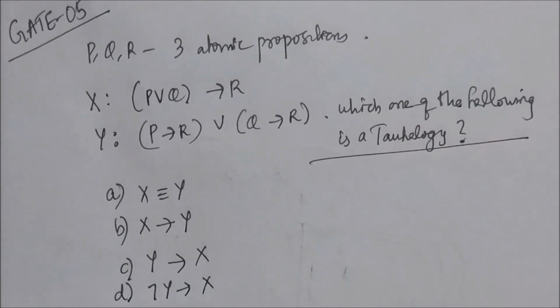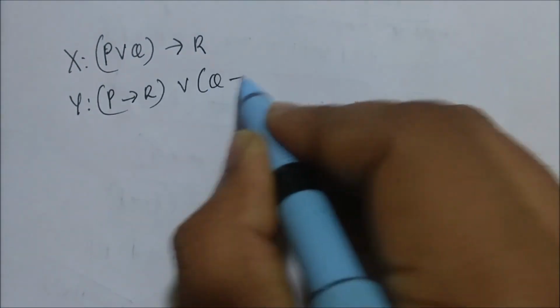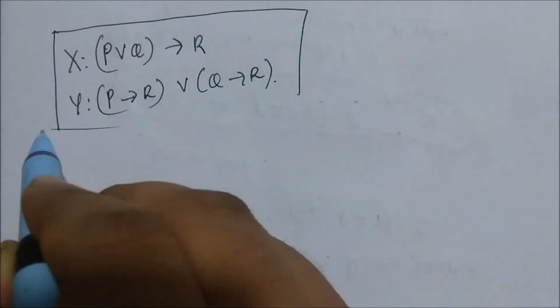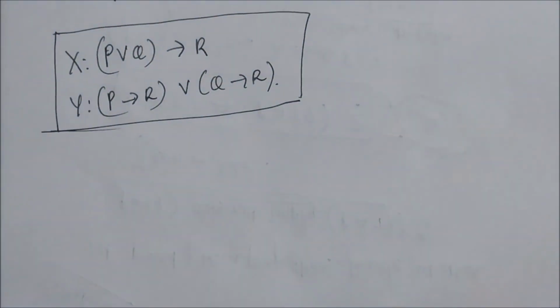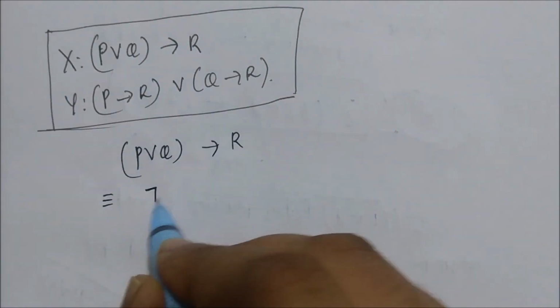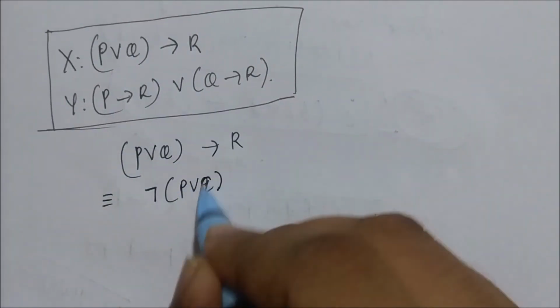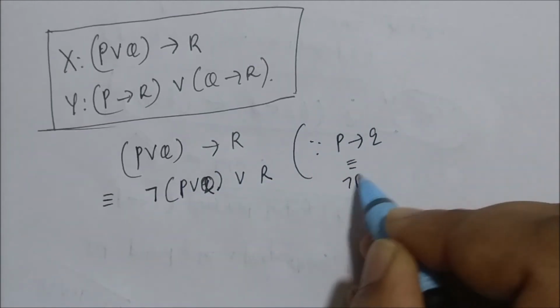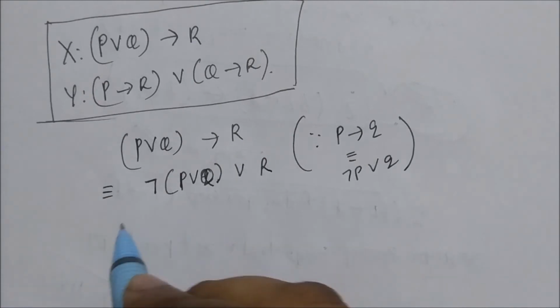Okay. So again, X denotes the statement P or Q implies R, and Y denotes the statement P implies R or Q implies R. Let's see. From X, P or Q implies R is equivalent to not of P or Q, or R. How? P implies Q is the same as not P or Q, right? We have seen this from our videos.